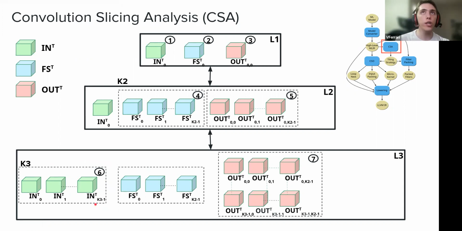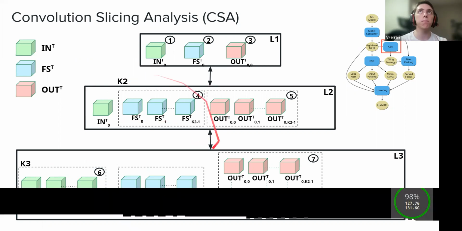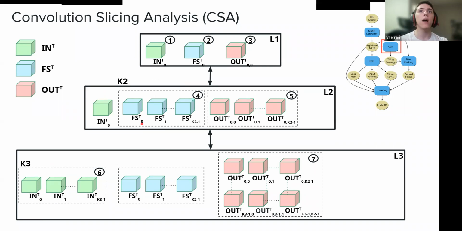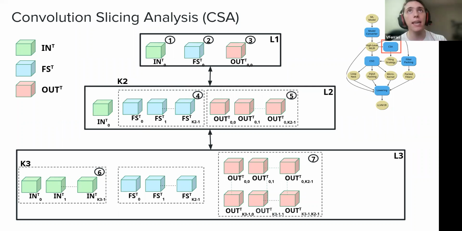So there's a lot of reuse between them. So if we can keep these tiles in the L2 cache for as long as possible and reuse them as best as we can, we save a lot of time in data movement between cache levels and between memory and cache.